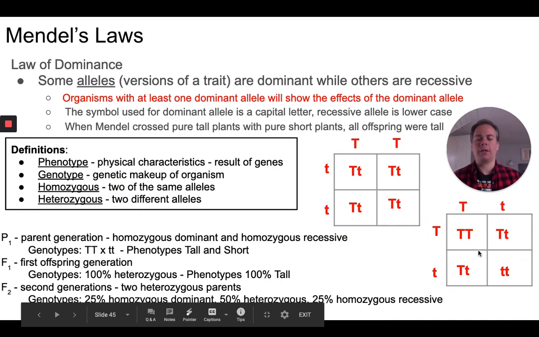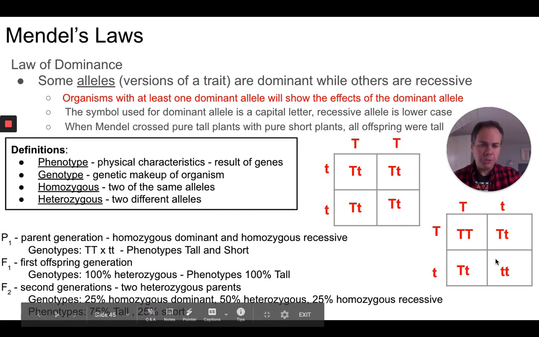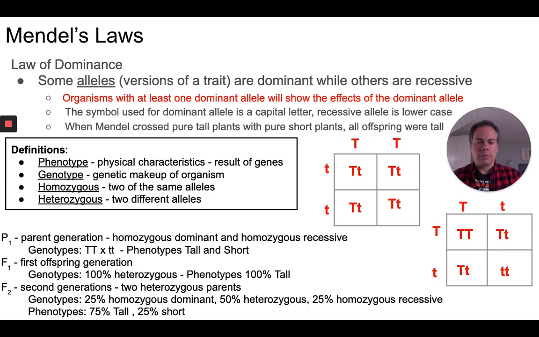And so this is a pattern that Mendel saw over and over again with traits other than tall and short pea plant, with purple and white flowers, with the green and yellow peas, etc. So this F2 generation, this second generation, always showed this ratio. 25% were homozygous dominant, 25% were homozygous recessive, and 50% were heterozygous. In terms of phenotype, 75% of the offspring in this F2 generation were tall, and 25% were short. So this is Mendel's law of dominance.